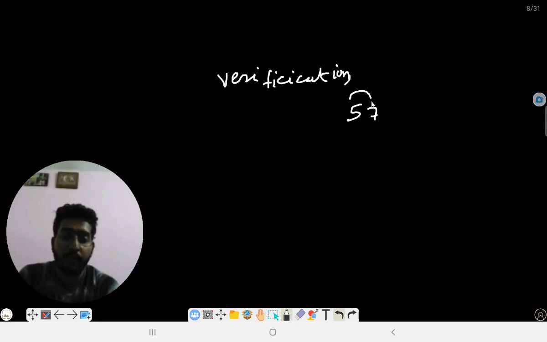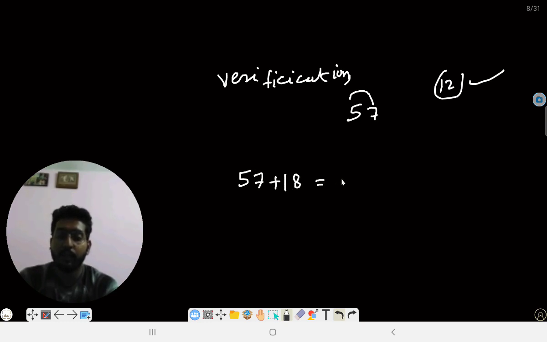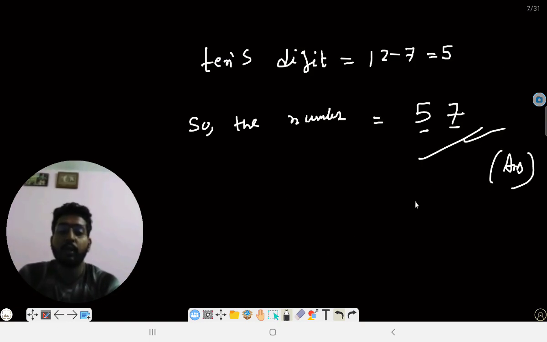You can see 5 plus 7 is 12, so the first condition is correct. Now the second condition: if we add 18 to 57, it becomes 75. You can see the digits are reversed, 7 and 5 replaced their places. So my answer is correct. The answer is 57.